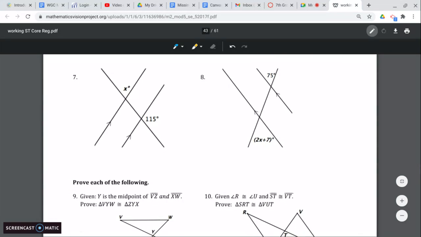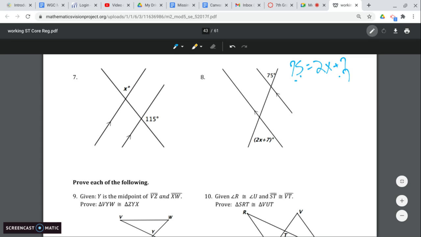All right, number 8. So here we have parallel lines being cut by a transversal, and these are alternate exterior angles because they're on the outside of those parallel lines. And remember, they are congruent, which means we're going to set 75 equal to 2x plus 7.